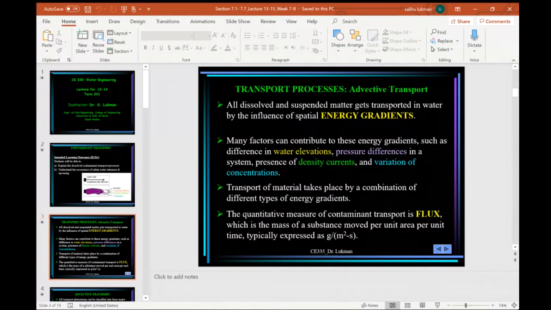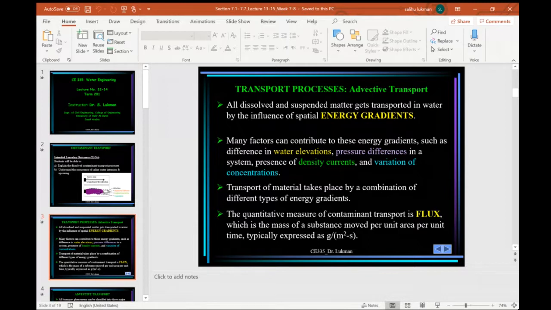All these are factors that can contribute to the energy gradients, or the potential gradient. And transport of materials takes place by a combination of different types of energy gradients.